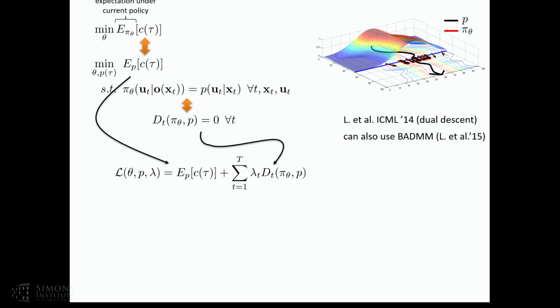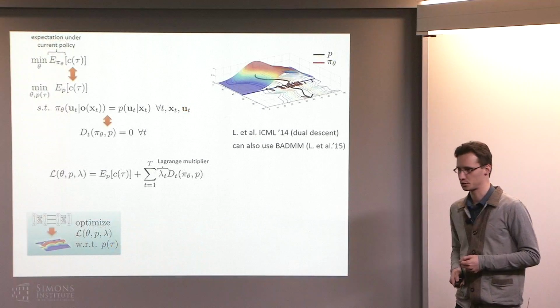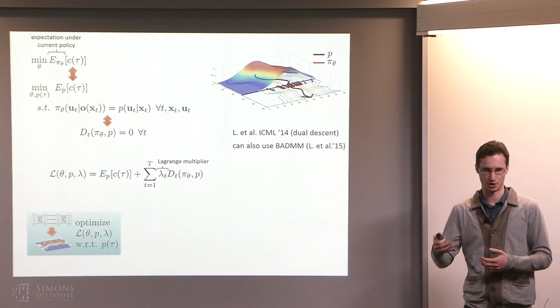And then you can just write down the Lagrangian of this problem. So there's your objective, there's your constraint with a Lagrange multiplier, and then you can use something like dual gradient descent to solve this. You basically just alternate between minimizing the Lagrangian with respect to the primal variables, that's the trajectory and the policy parameters, and you can do this in a kind of block fashion. You first minimize with respect to the trajectories, that's that model-free trajectory optimization.